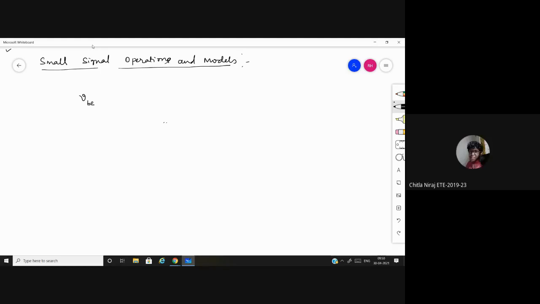AC voltage, which is applied between base and emitter. If I write like this, DC voltage between base and emitter. DC voltage, which is present between the base and the emitter. This one, instantaneous voltage, which is the combination of AC and DC. So this should be in your mind.